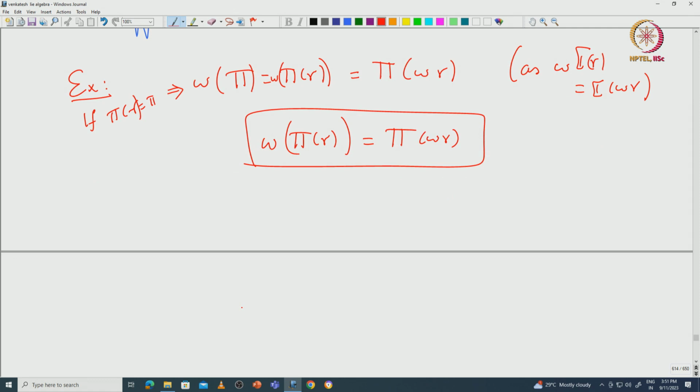Similarly, one can get the action on phi plus of gamma: w of phi plus of gamma will be exactly phi plus of w gamma. This is how W acts on the set of positive roots.